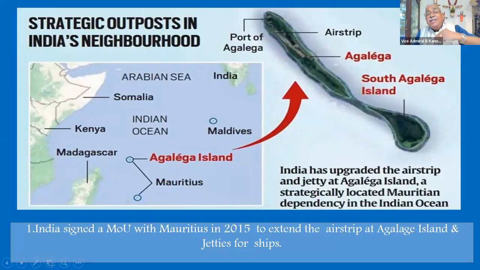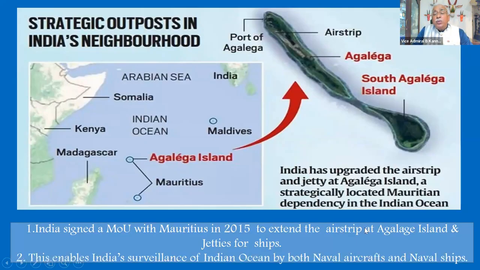So this is a strategic outpost which India has created with the help of Mauritius. You can have similar examples later where some other island nation agrees to a joint effort with India, and they say, okay, you can use our island for your aircraft and defense aircraft and your naval ships, etc.